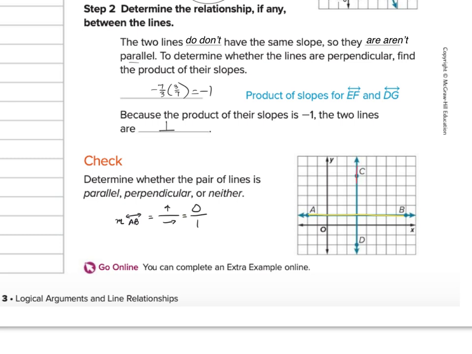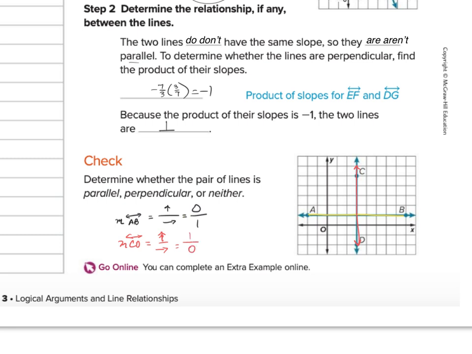Okay. And then the other one, if I look at CD, the slope of CD is going to be equal to the rise over the run, and we rise 1, but we go over 0.